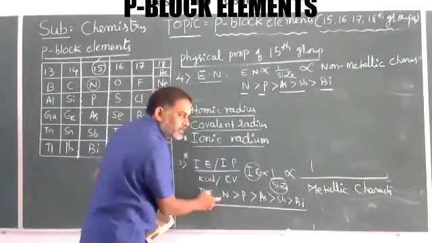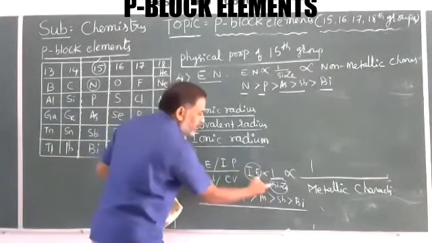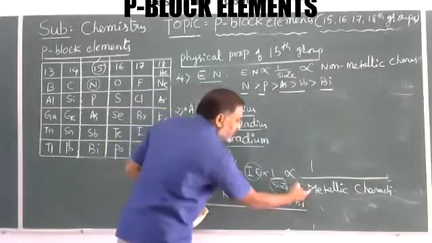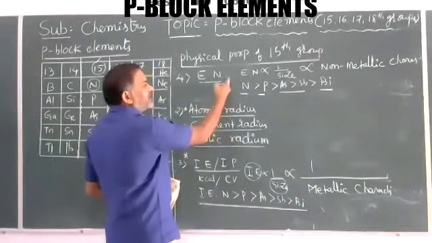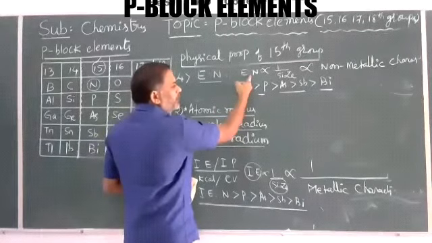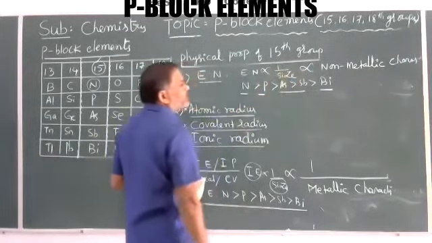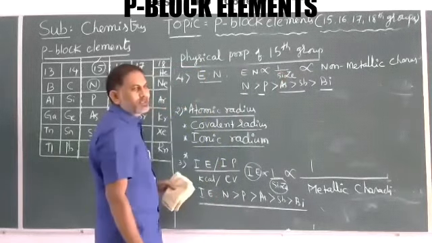Metallic character is less. Change this. So the ionization energy is inversely proportional to size and inversely proportional to the metallic character. Whereas in this case, electronegativity is directly proportional to the non-metallic character and inversely proportional to the size.